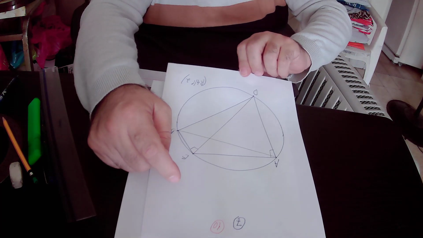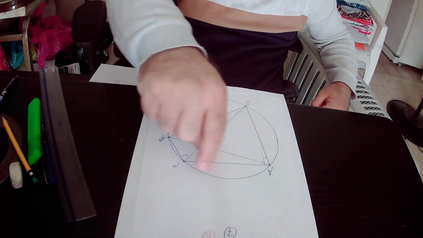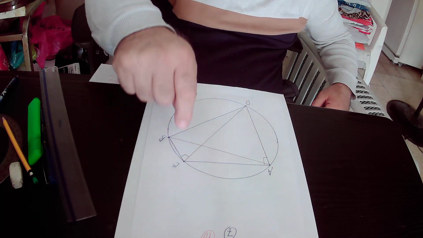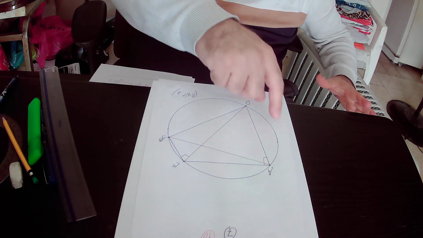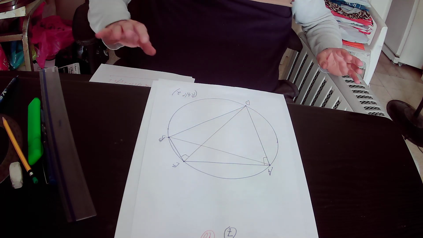Therefore, according to rule number 2, quadrilateral AEBD is inscribed by this blue circle, and the 4 points AEBD lie on that circle. So this drawing is true according to rule number 2.